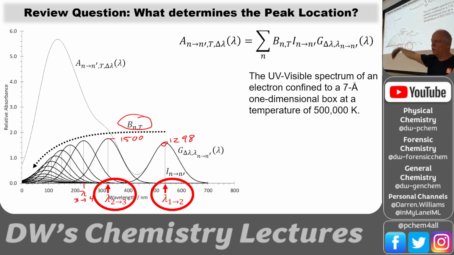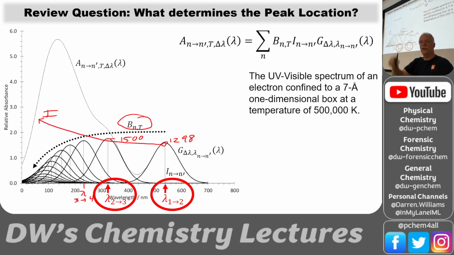And so that's why they drop off. The I intensities increase as you get smaller, so I kind of goes up like this. But the Boltzmann piece drops it down to 0 and forces it to 0, because at a given temperature, you're just not going to have electrons excited way up there.